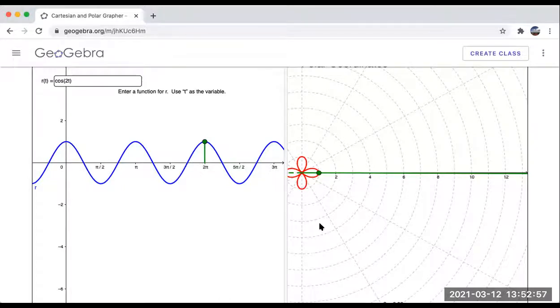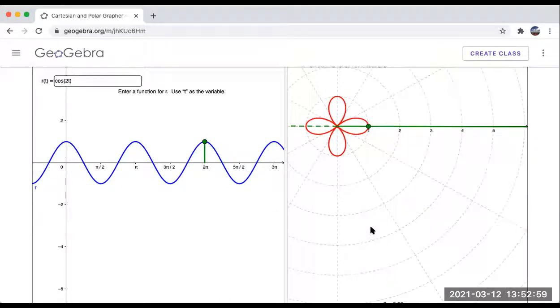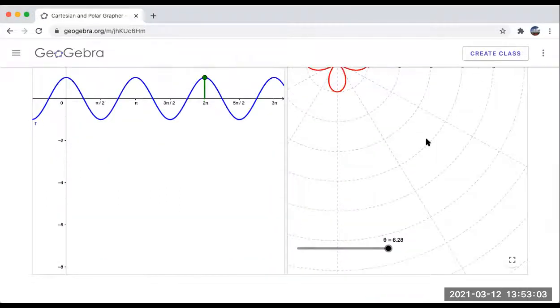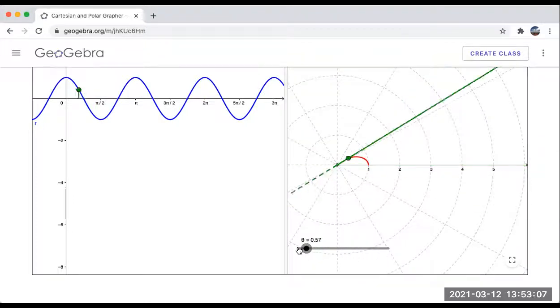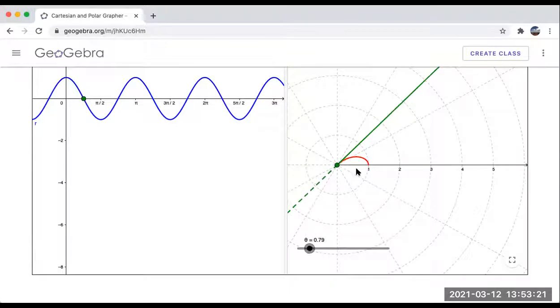When theta plays the role of x and r plays the role of y, then this is the graph in Cartesian coordinates. And here on the right, you can change the value of theta to see how it behaves. When theta is equal to 0, in polar coordinates, it represents this point. When theta increases from 0 to pi over 2, it creates these red lines here.